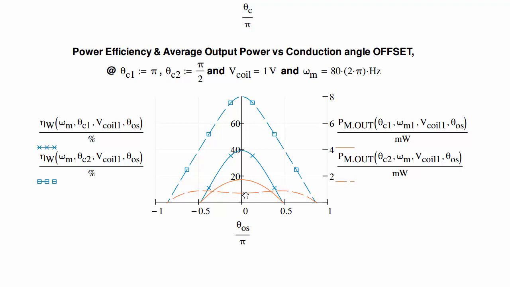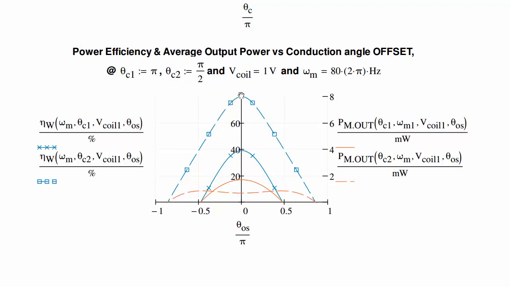So it's lower. However, as we move off center, notice that the output power does not suffer as quickly as it does for the case where we're at our maximum conduction angle of 180 degrees. So we actually can move to the left or to the right, and we can actually get a little bit more output power, but of course the efficiency drops as soon as we move away from it.